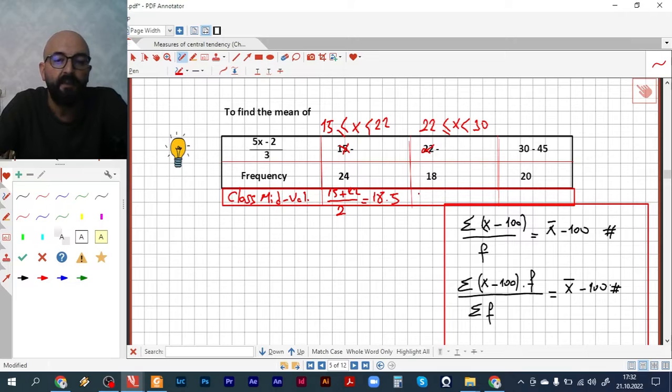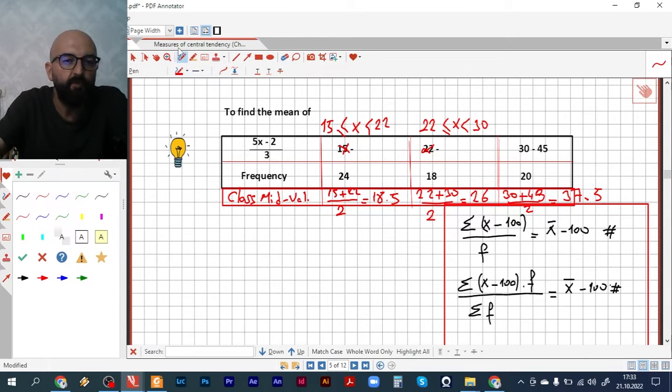Okay, and the class mid value of the second group, 22 plus 30 divided by 2, so 26. And for the last one, 30 plus 45 divided by 2, so 37.5.